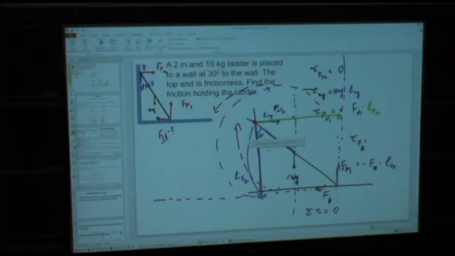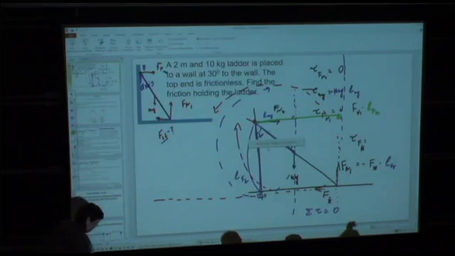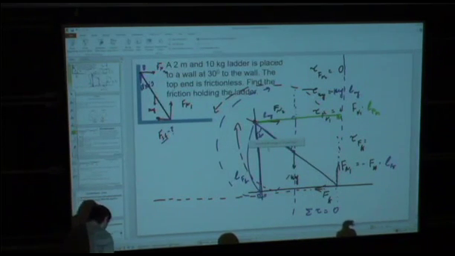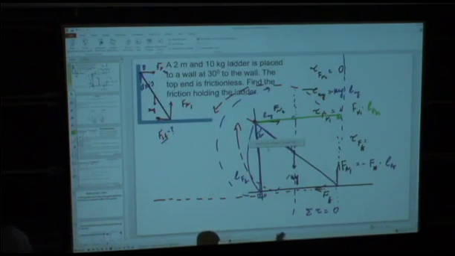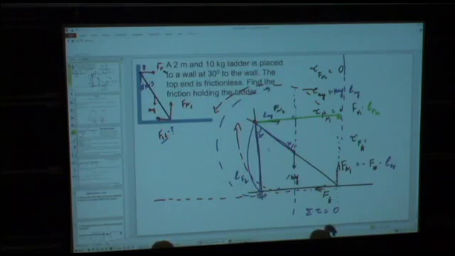The lever arm is the shortest distance from the axis of rotation to the line of action. If you multiply the magnitude of the force by its lever arm, that gives you the magnitude of the torque.